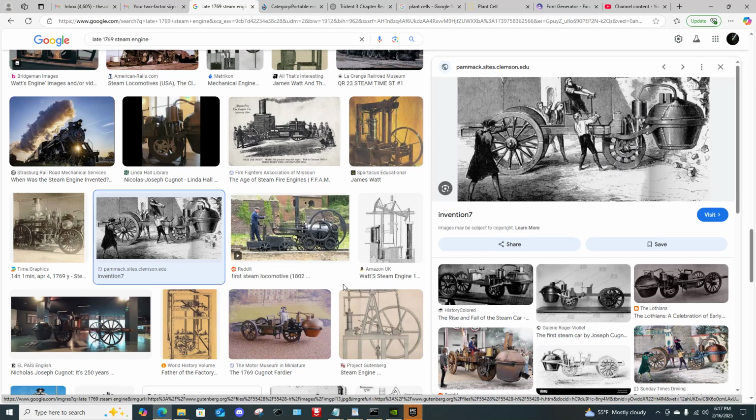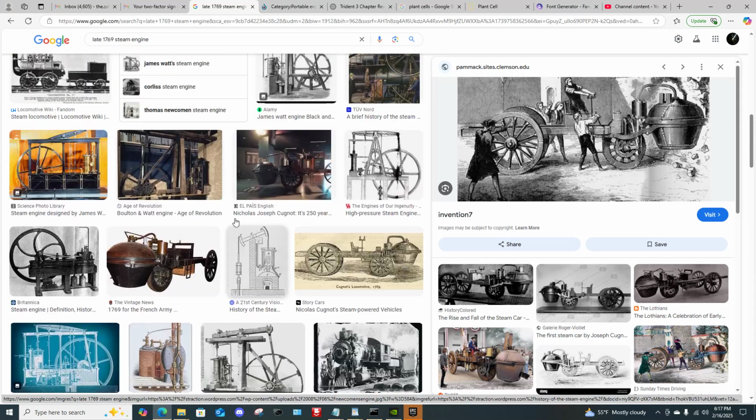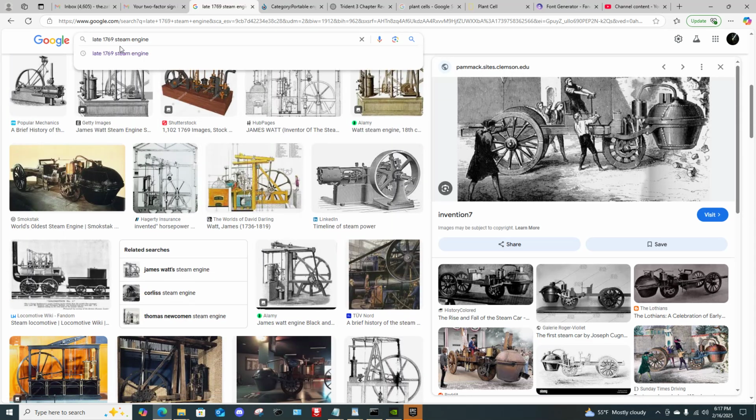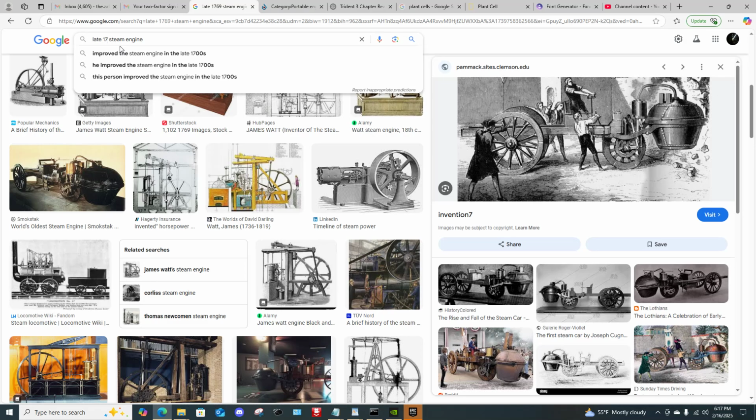Very basic. But then all of a sudden, 10, 20 years after that, we go into almost a train locomotive type design.